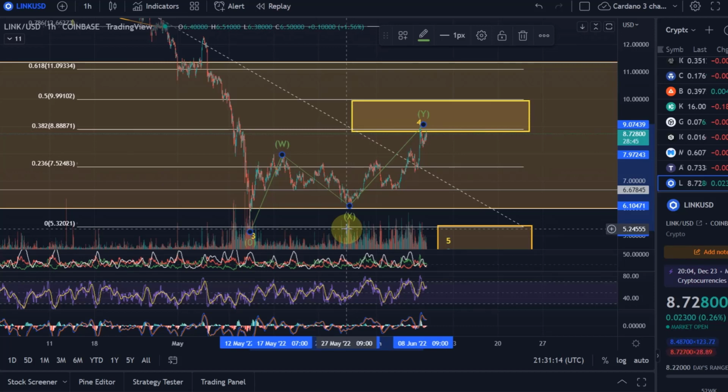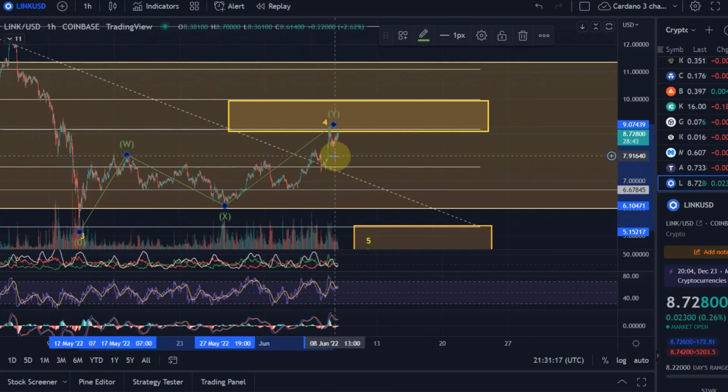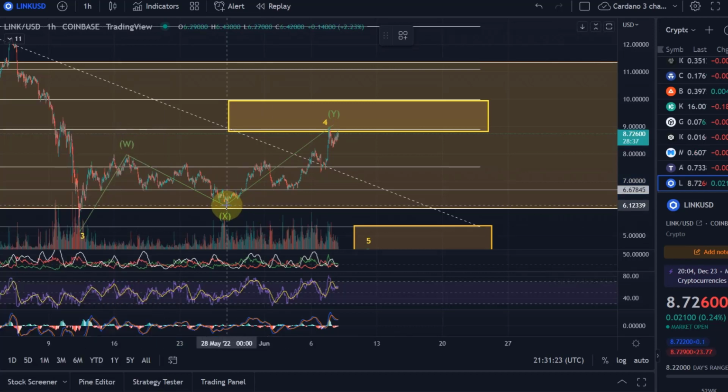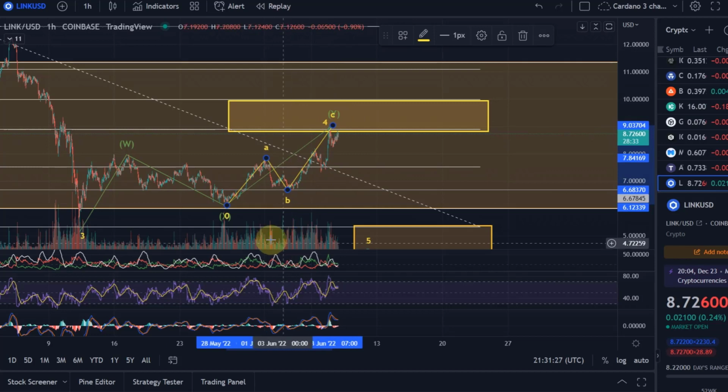And yeah, I would expect one more move up. Why? Because we can count this here. The wave Y is a 3-wave move as well. So the wave Y consists of an A, a B, and a C. And in this C wave, we can count, well, what can we count? We can count a 1, 2, probably a 3 here, a 4, and a 5.